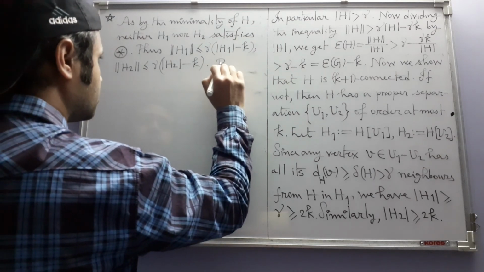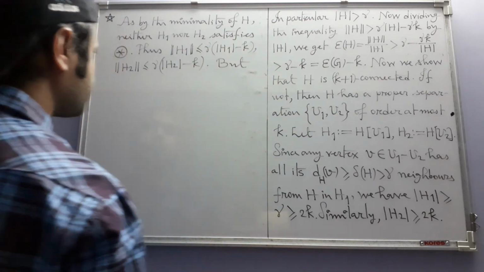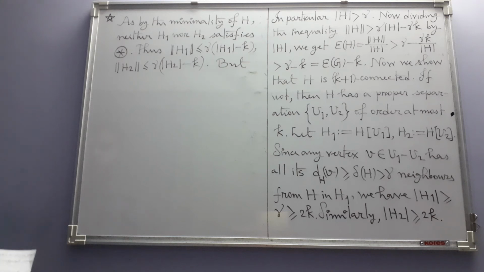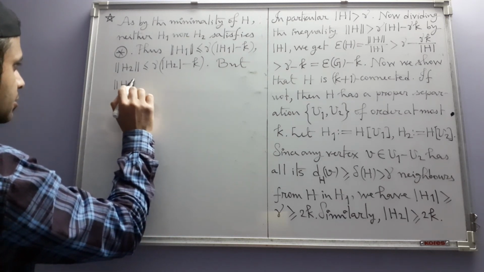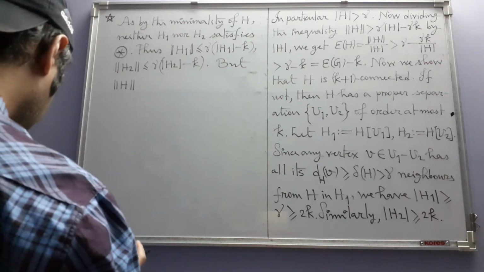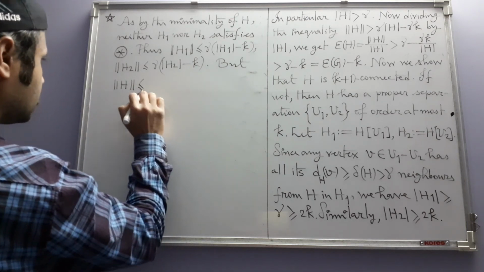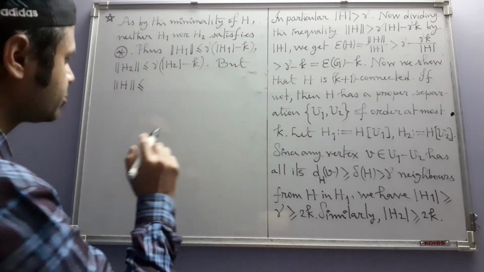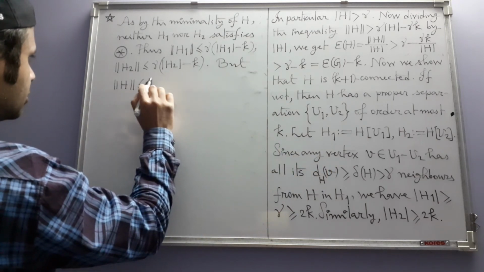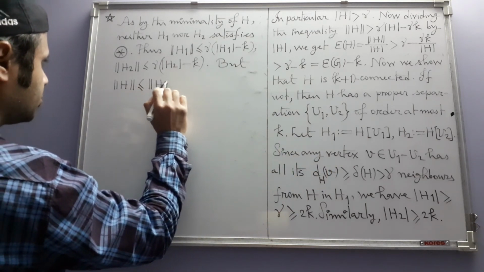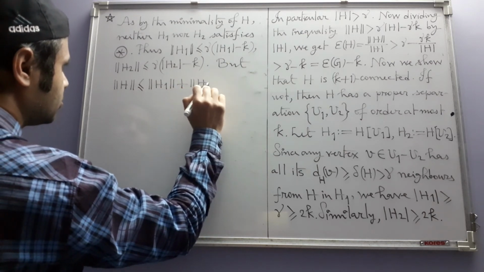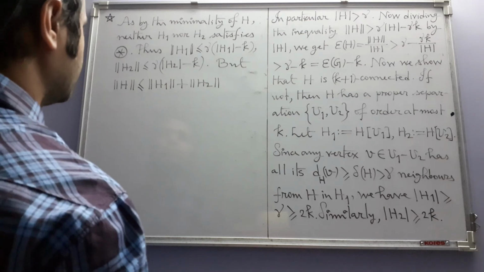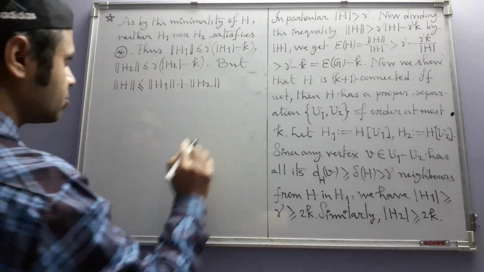But what is the number of edges in H? Clearly this is less than or equal to the number of edges in H1 plus the number of edges in H2, because these are induced subgraphs, and we can now use these two inequalities.